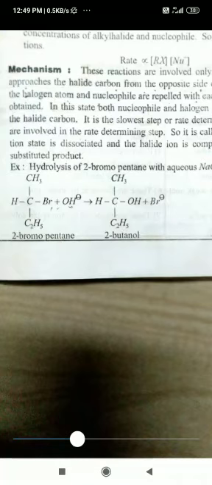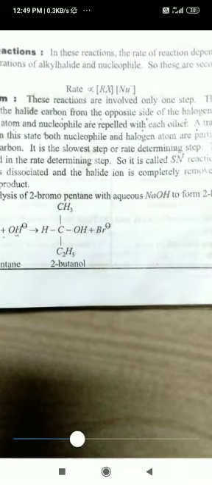The transition state can be written with dotted lines. So whenever we observe dotted lines at the intermediate level, that is called the transition state.